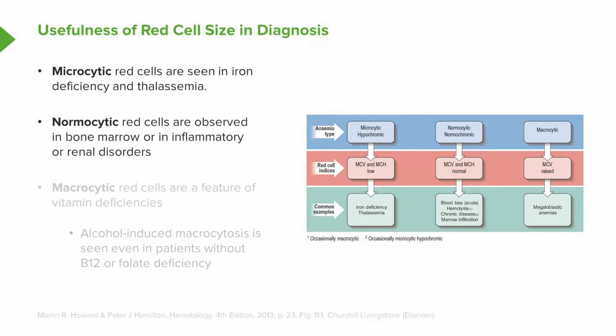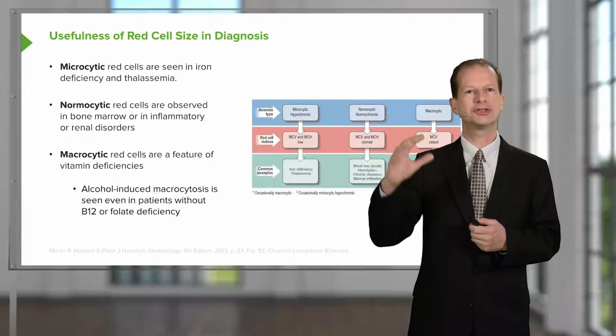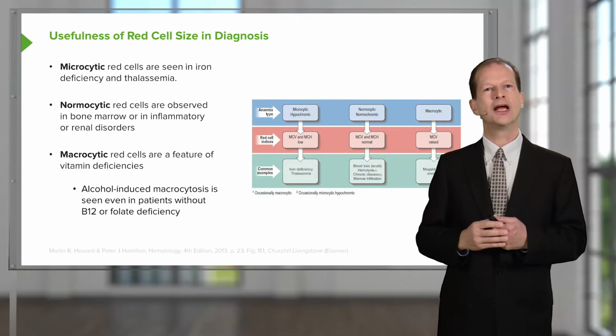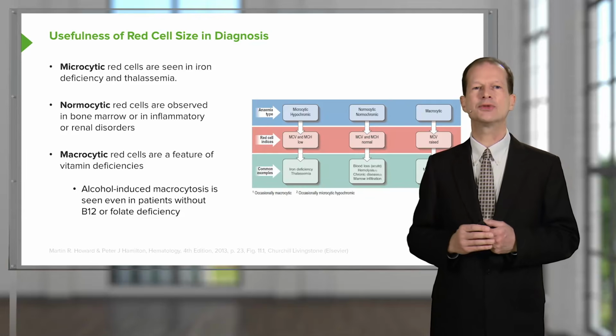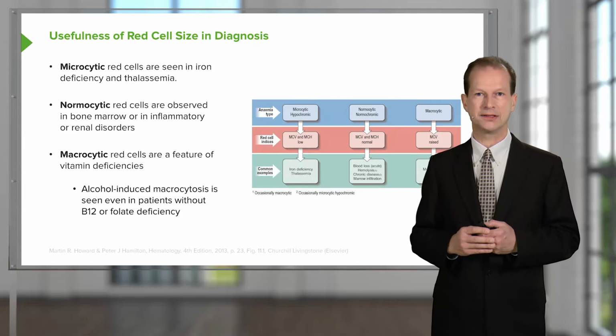Normocytic red cells, normal-sized red cells, are observed in disorders of the bone marrow, inflammatory diseases, or where the kidney is not functioning properly, renal disorders. And that is due to a reduction in erythropoietin production. Finally, large red cells, macrocytic red cells, are a feature of vitamin deficiencies, particularly vitamin B12 and folic acid.